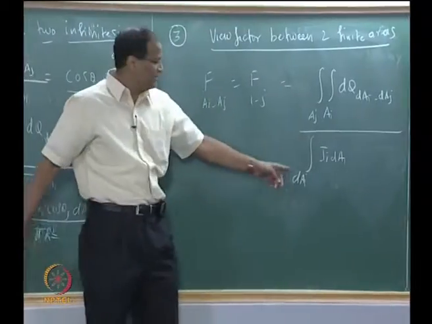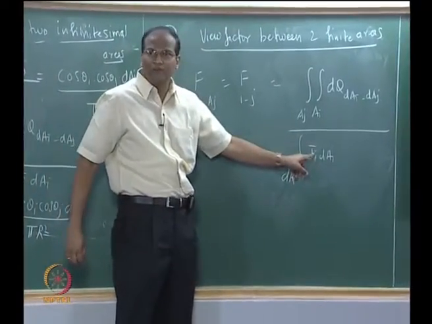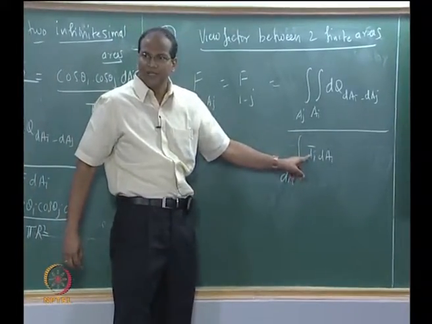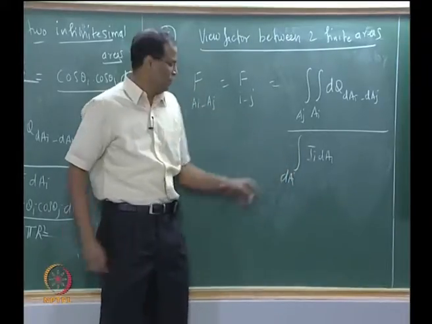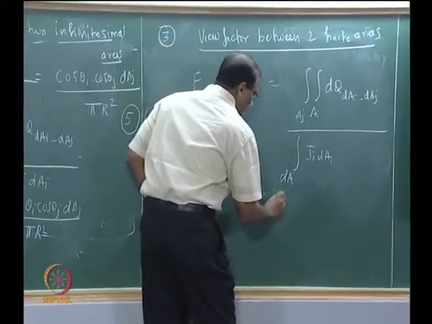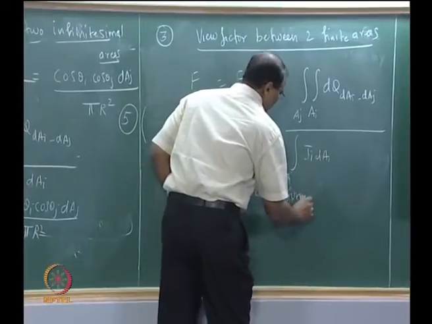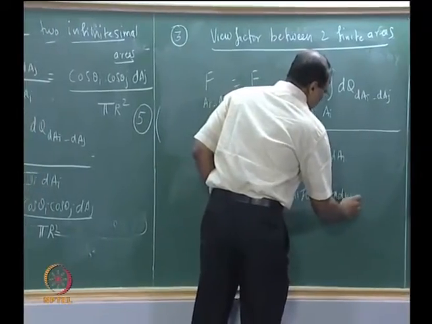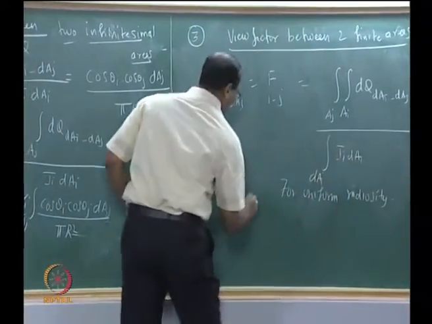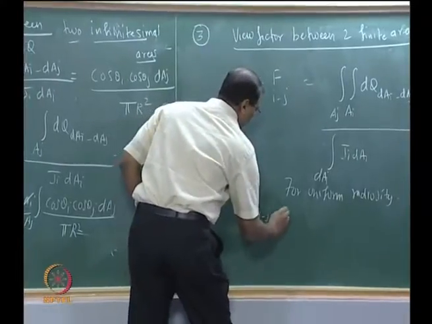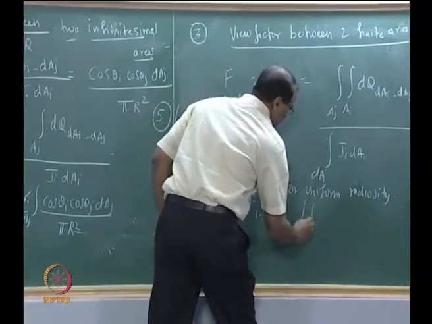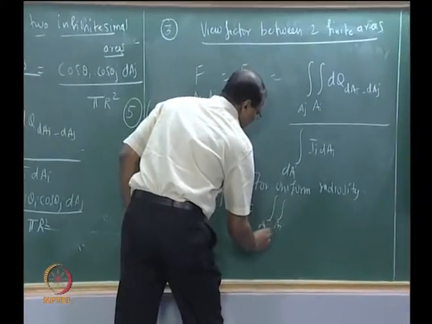If I assume that it is a uniform radiosity, then can I get rid of that? For a uniform radiosity, equal to.